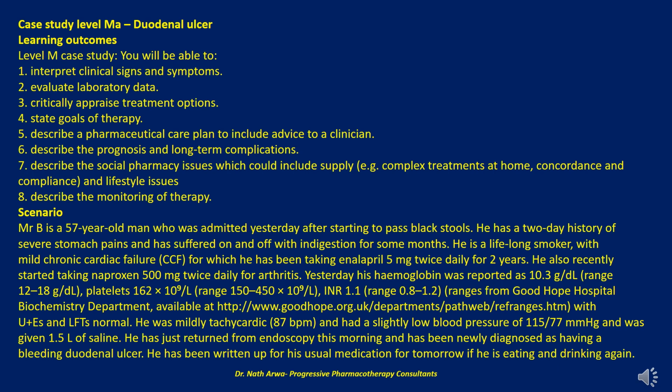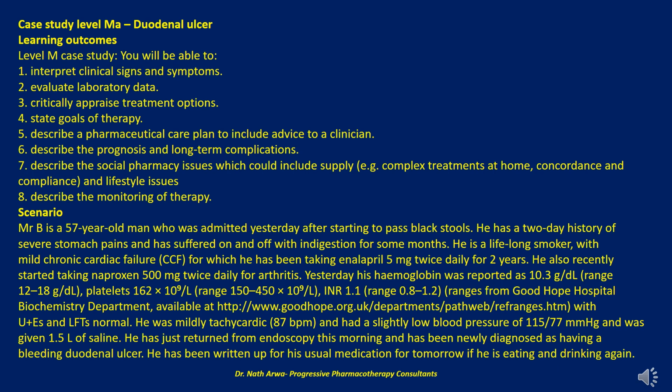Yesterday his hemoglobin was reported as 10.3 grams per deciliter. The normal range is from 12 to 18 grams per deciliter, platelets 162 times 10 power 9 per liter. The normal range is from 150 to 450 times 10 power 9 per liter, INR 1.1.